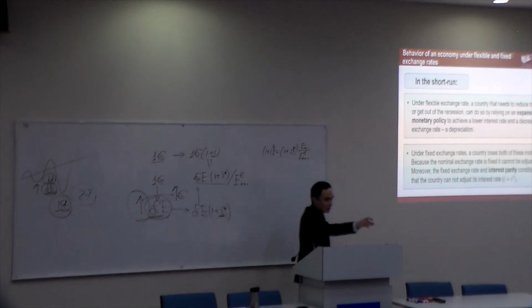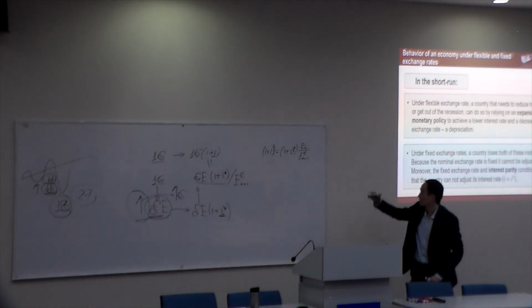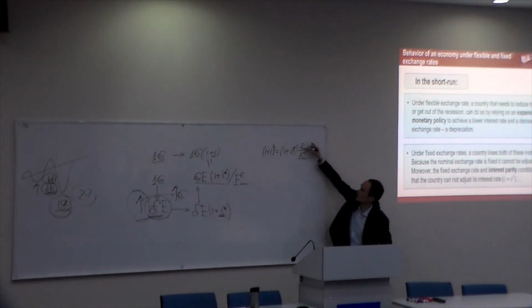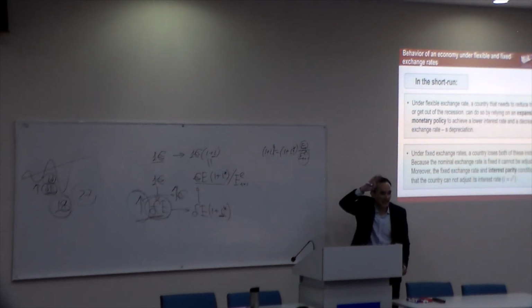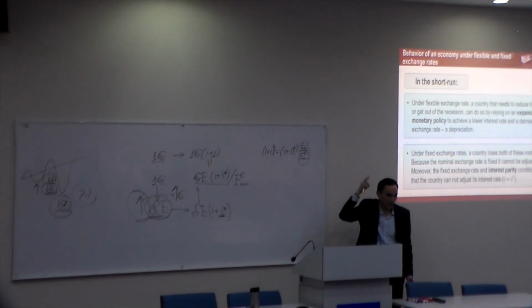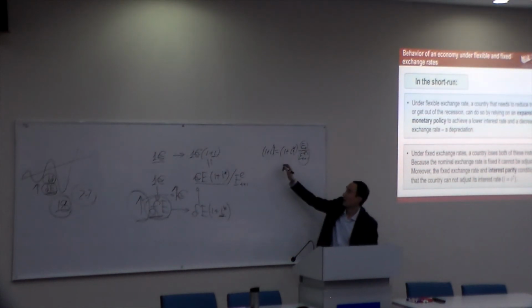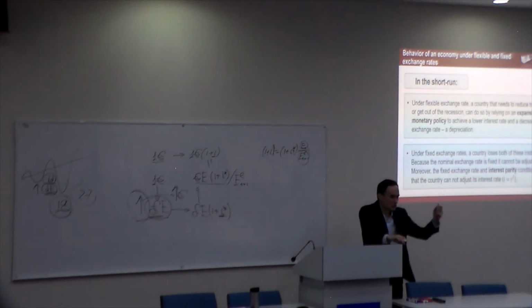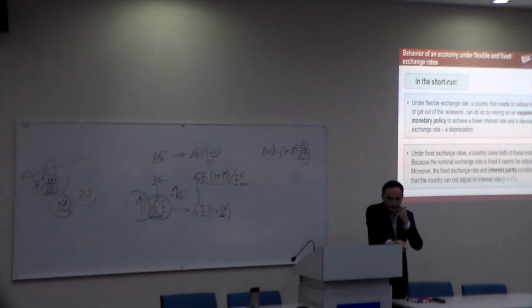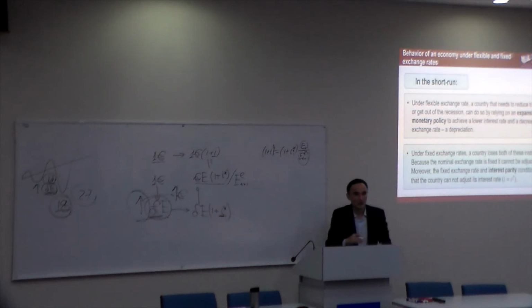On the flexible exchange rate, the current exchange rate and expected exchange rate may change anytime. There is very high volatility. Okay? Very high volatility. But on the fixed exchange rate, how do we usually choose it?